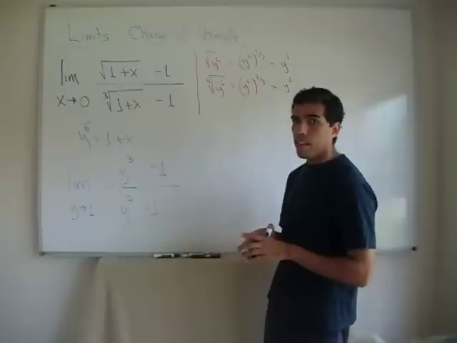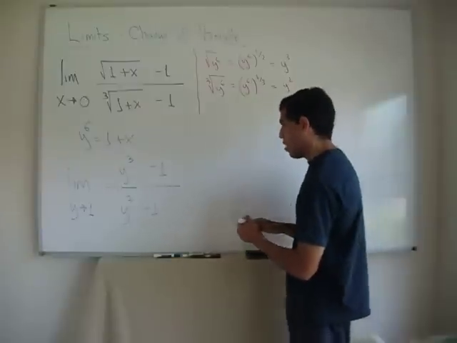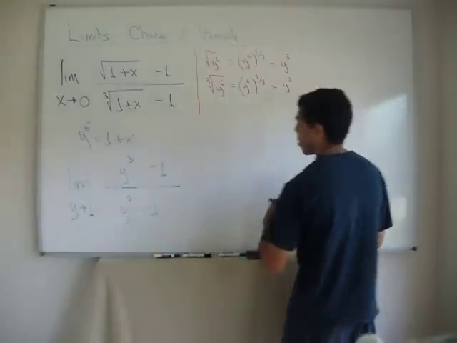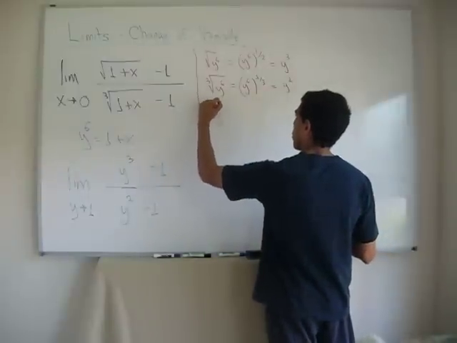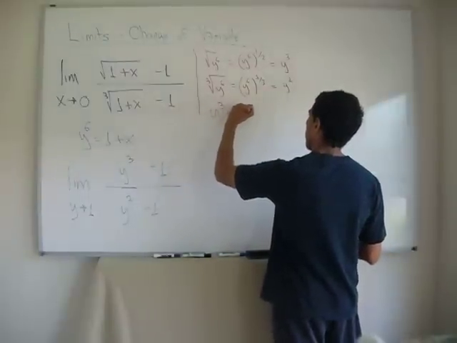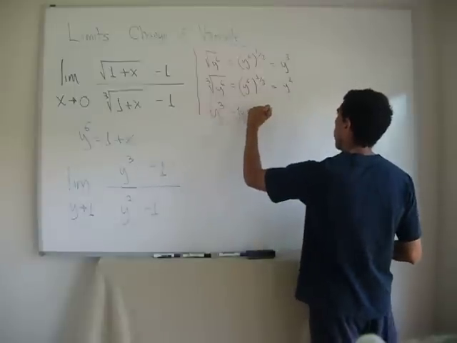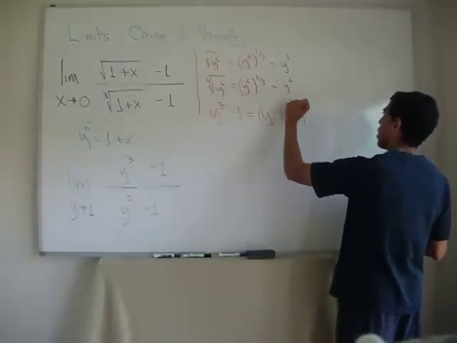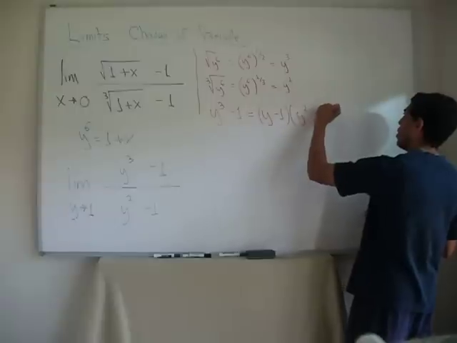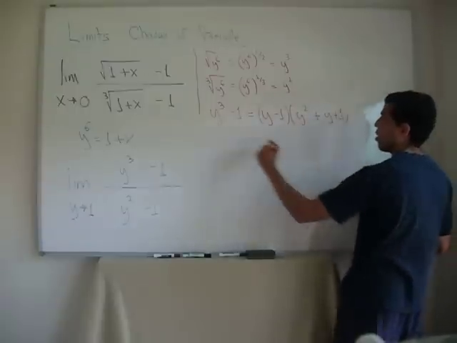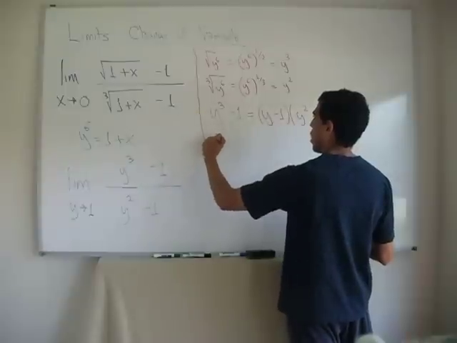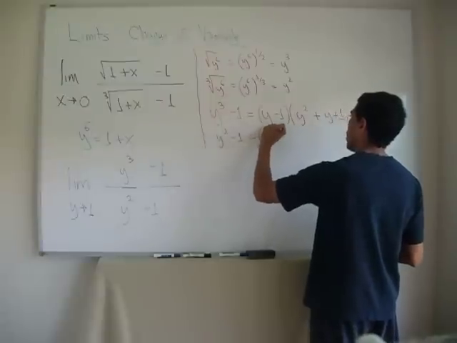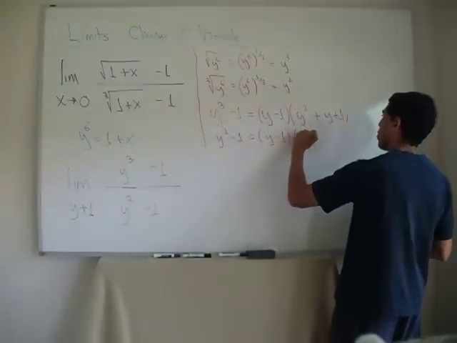But we can get rid of it because y cubed minus 1 can be rewritten as y minus 1 times y squared plus y plus 1. And we can also rewrite y squared minus 1 as y minus 1 times y plus 1.